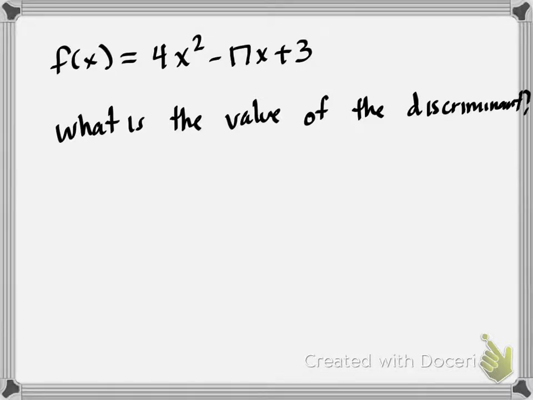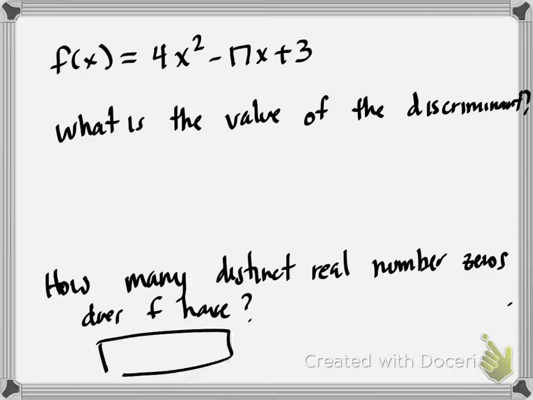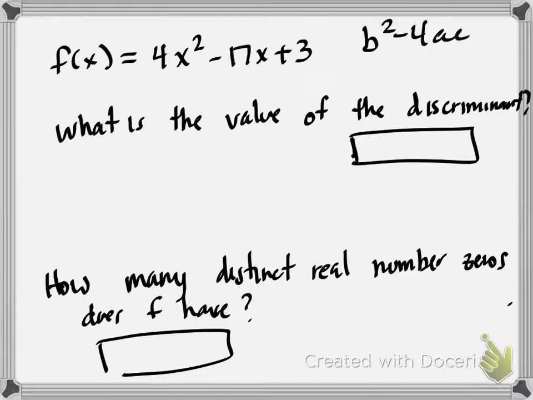And the other question is, how many distinct real number zeros does f have? There's a little box for each. You're going to put the value of the discriminant, so you're going to solve b squared minus 4ac.